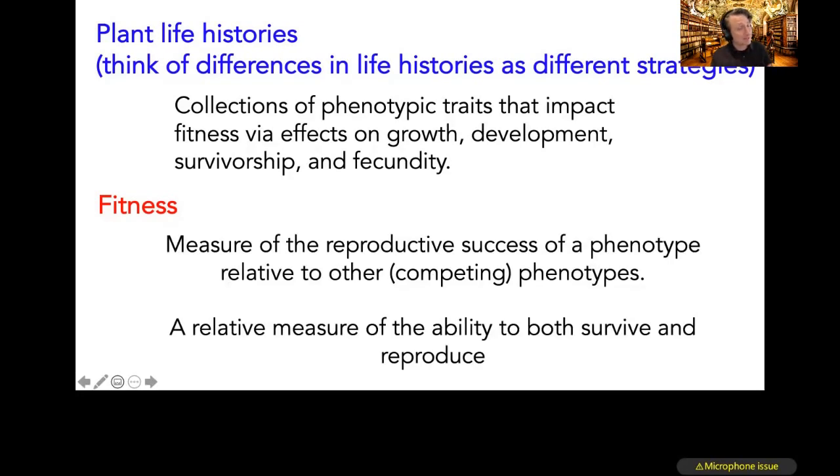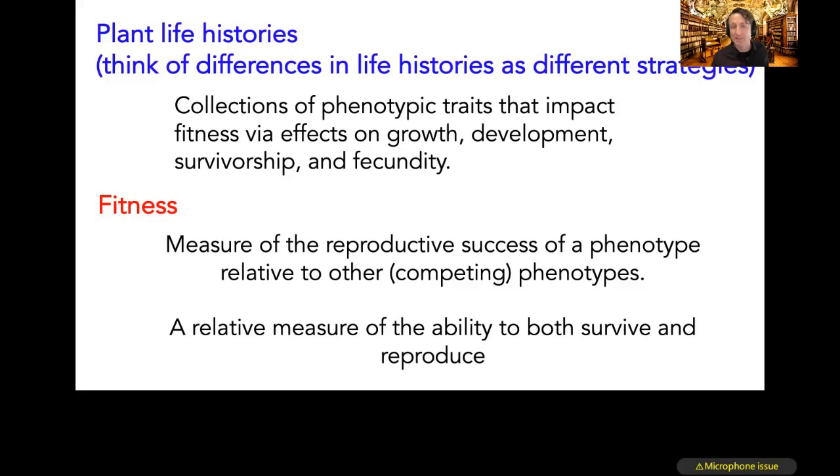So remember, fitness is a relative measure. It's a measure of the reproductive success of a phenotype relative to other competing phenotypes. And it's a measure of both survivorship and reproduction. It's a measure of the ability then of a phenotype to both survive and reproduce, okay?